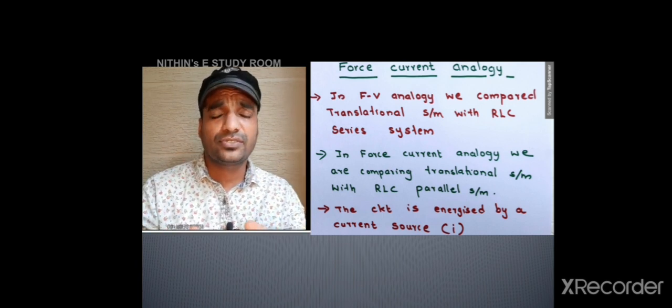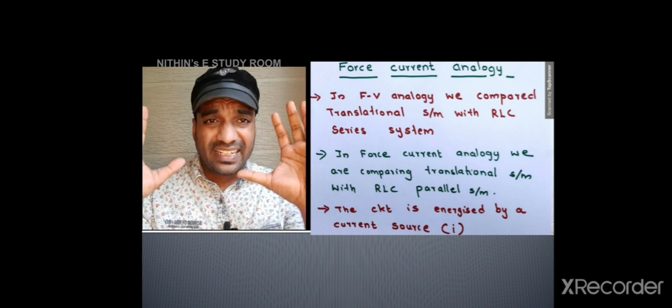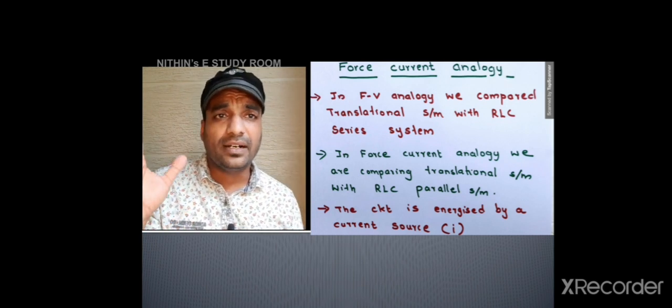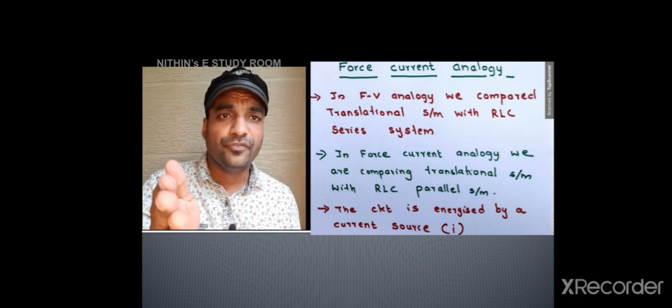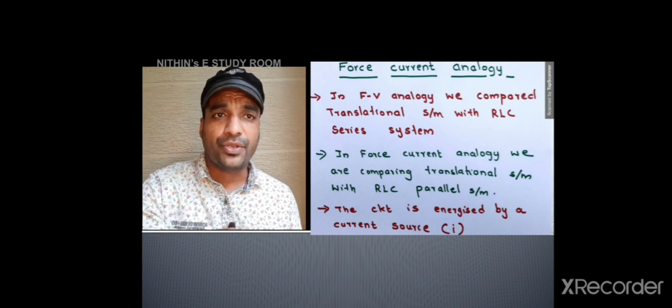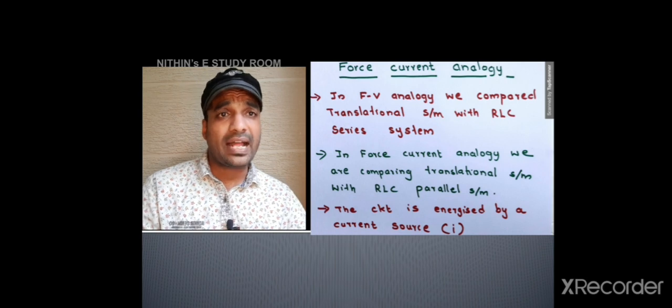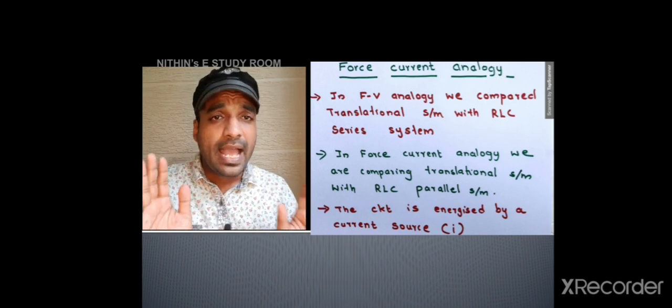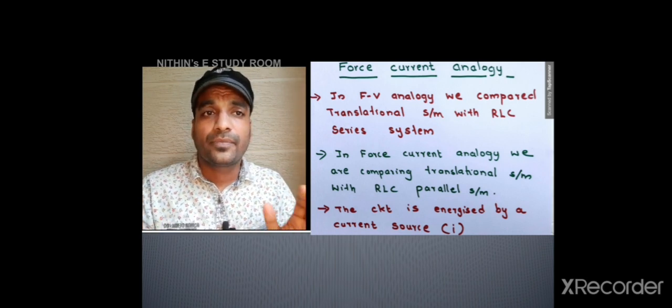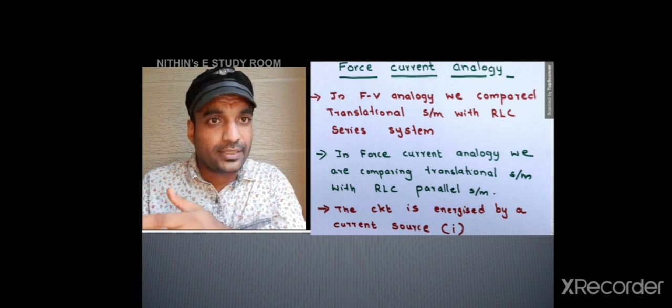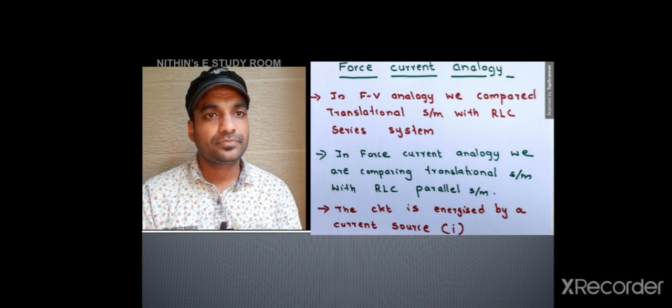So the force equation is already there. We have analyzed it in detail in the last class, and we also refreshed the force equation of the translational system in this class. So under this heading, force current analogy, I am not going into the details of the force equation, as that is already explained very well.